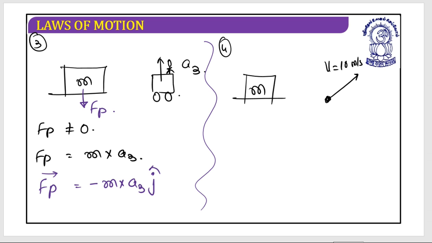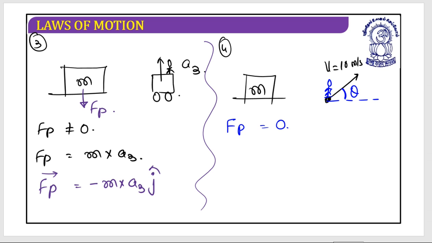You are sitting on this, and it makes an angle theta. So what do you think? Will you apply a pseudo force on the block M? I should say FP should be 0. What was your conclusion? Is it the same? Are you sure?